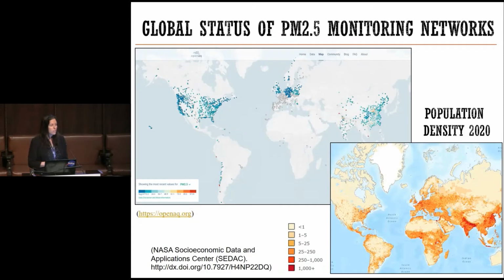And that's where satellite data can give us information that we don't measure and don't know about. Interestingly, in the United States, which is the country with the most complete monitoring network, still 31% of the population is not covered by PM monitoring stations.